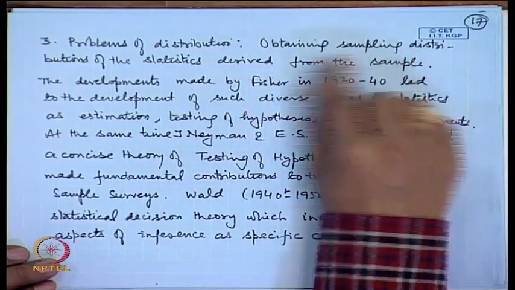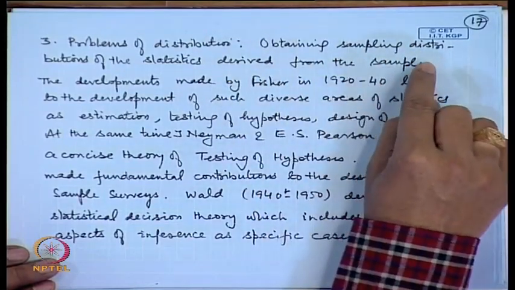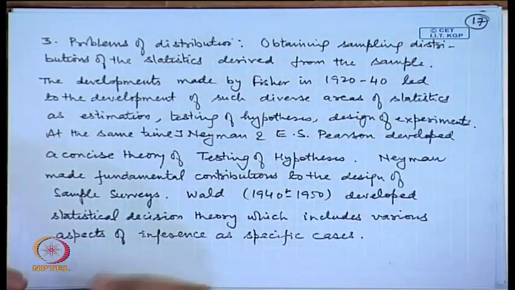We need the sampling distributions of the statistics which are being used. So, these developments made by Fisher in 1920 to 40 had effects in various areas of statistics such as estimation, testing of hypothesis, and designs of experiments.